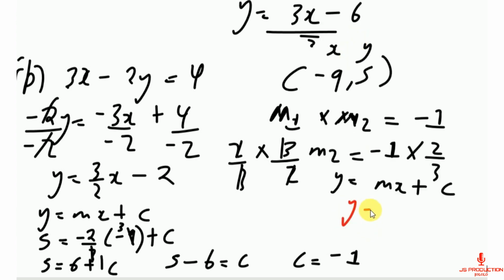So y is equal to our gradient, which we calculated as -2 divided by 3. So we can say y is equal to -2 over 3 x, and we have calculated our y-intercept as -1. So that's going to be the equation of the straight line that is passing through (-9, 5).